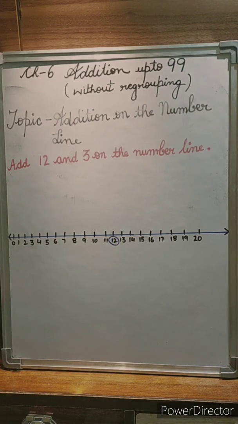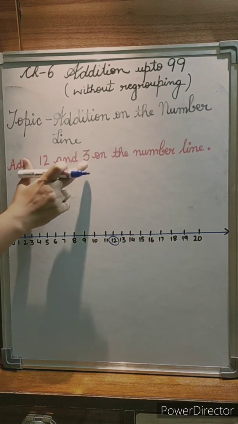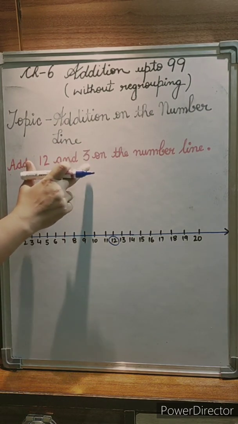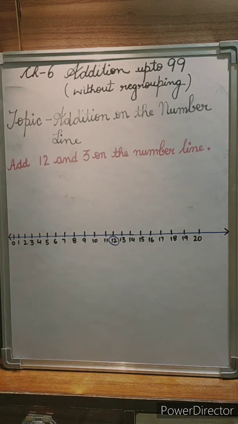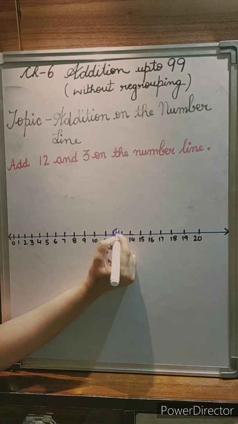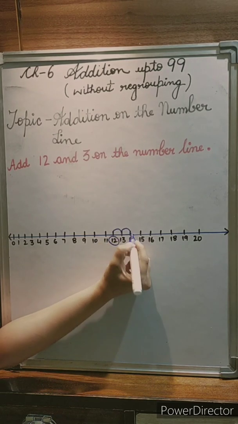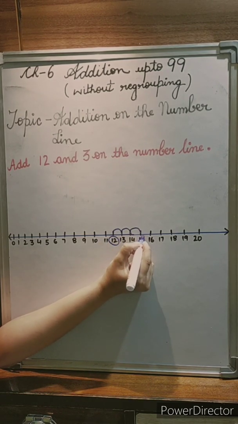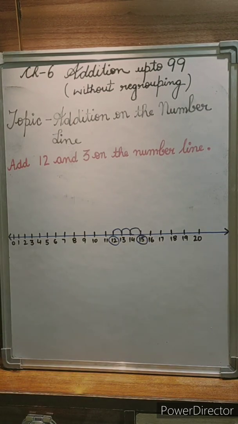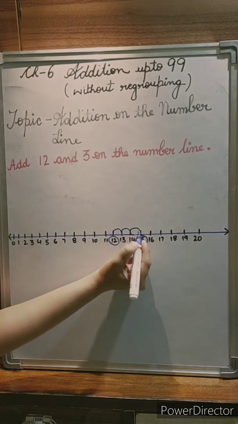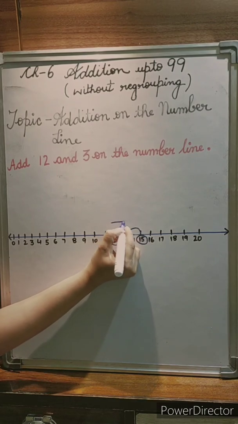We have to start from 12, and how many steps do we have to go forward? 3 steps means we have to move 3 jumps forward. 12, 1 step, 2 steps and 3 steps. So we landed on which number? We landed on 15. You will write it here.